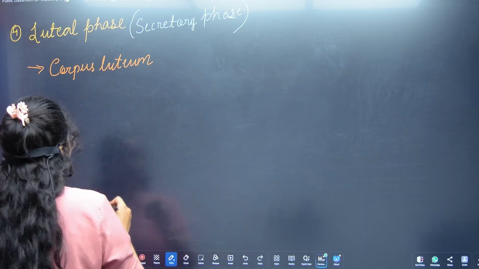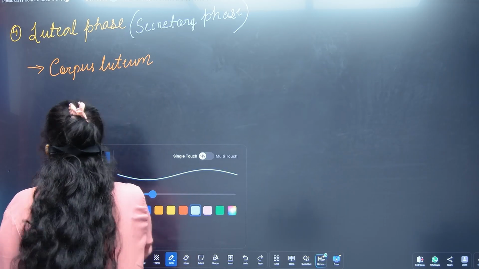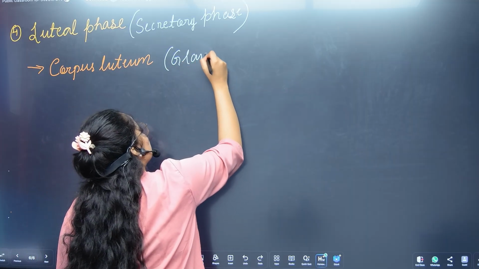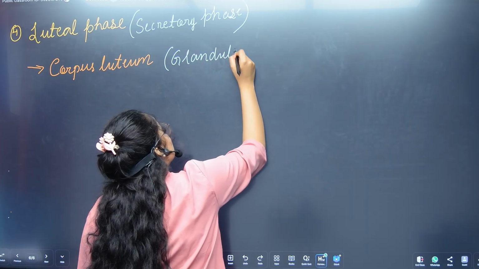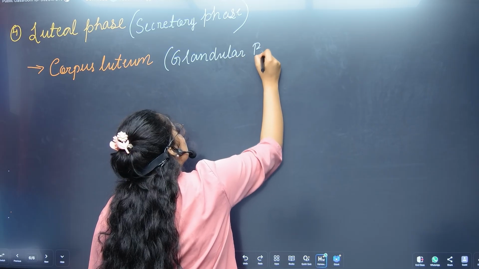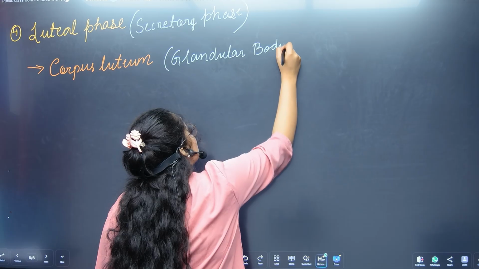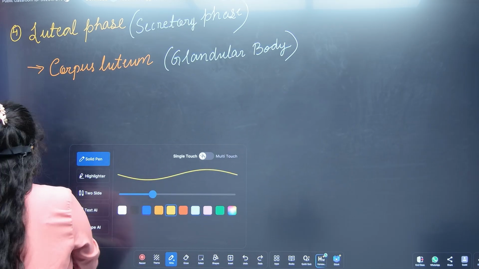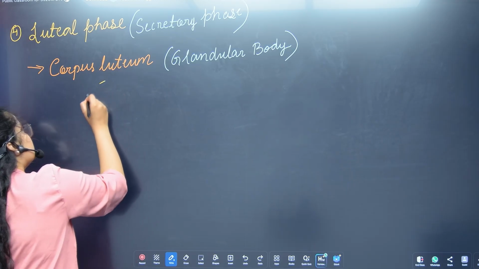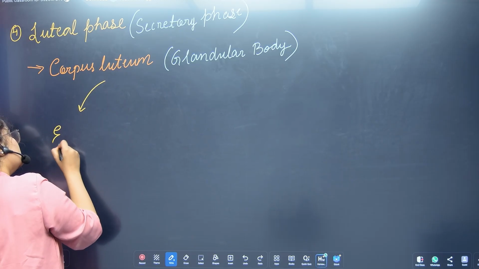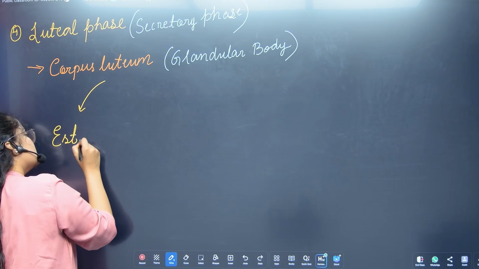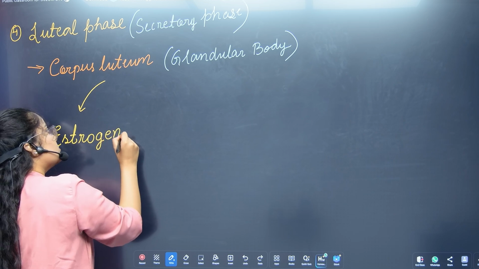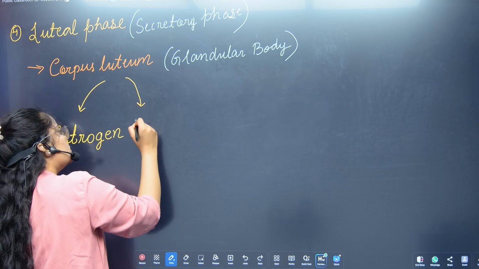Now, this corpus luteum is a glandular body which produces the two hormones estrogen and progesterone.